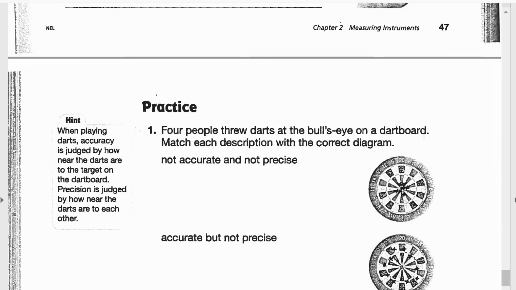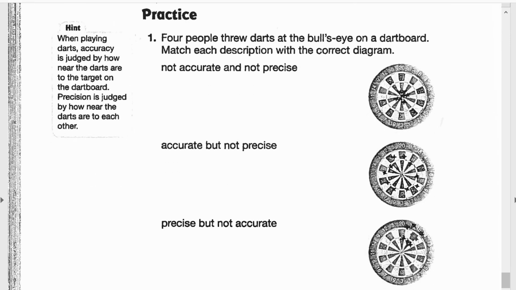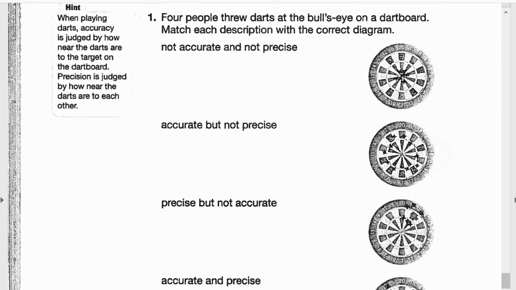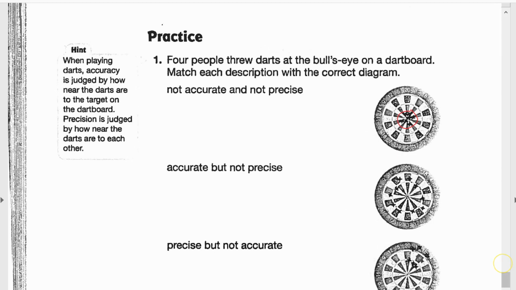Okay, let's look at the practice questions here. Hint: when playing darts, accuracy is judged by how near the darts are to the target on the dartboard. Precision is judged by how near the darts are to each other. So 4 people threw darts at the bullseye on the dartboard. Match each description with the correct one. These ones are all here. These ones are spread out all around.